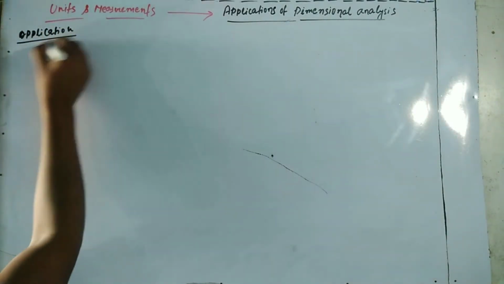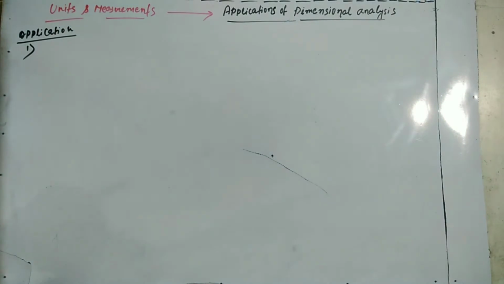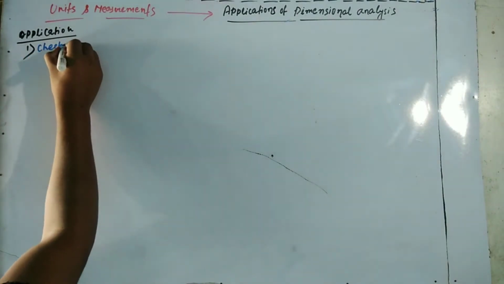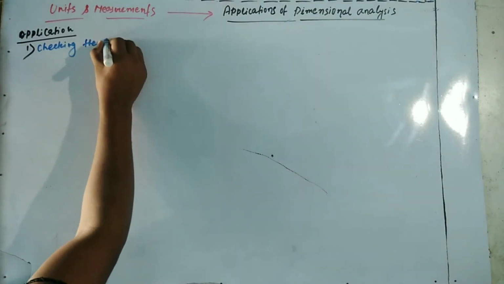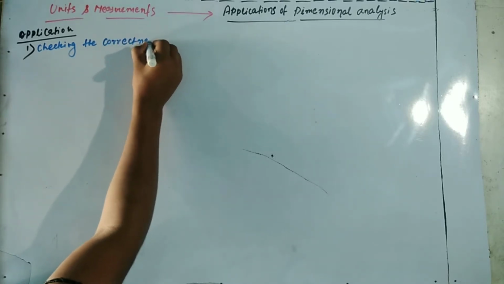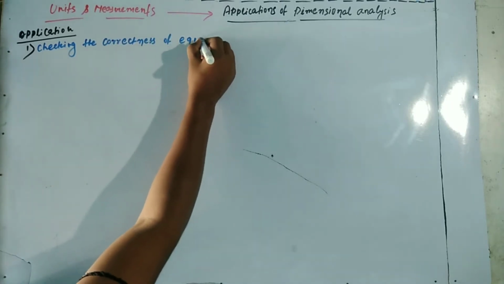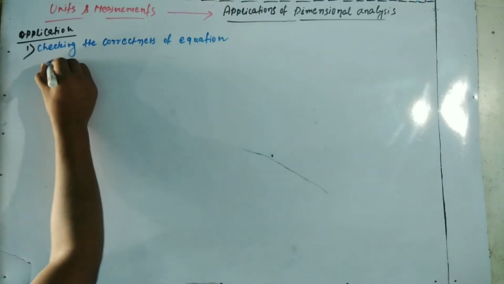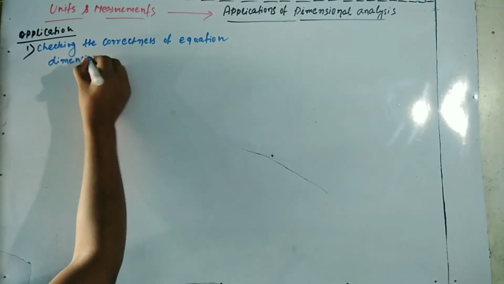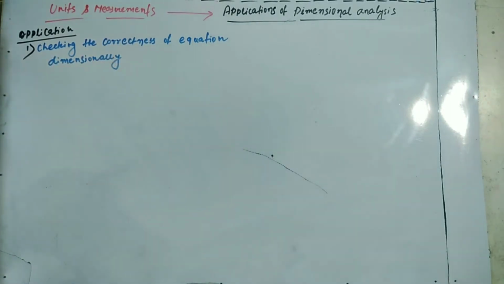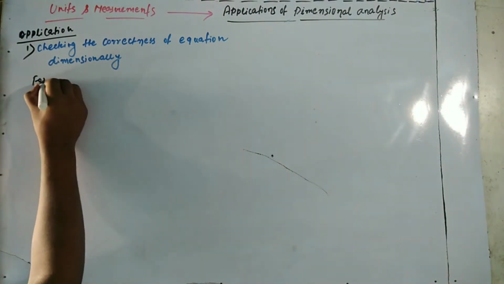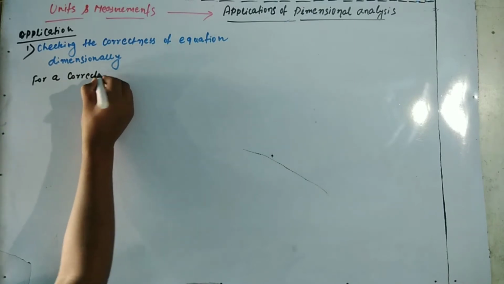Its first application is checking the correctness of an equation dimensionally. Whether the dimensions are correct or wrong can be measured. How is it measured?